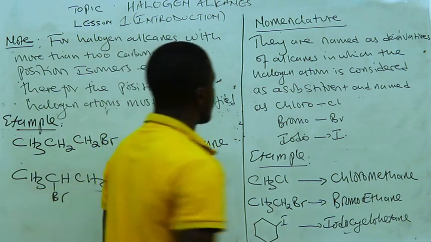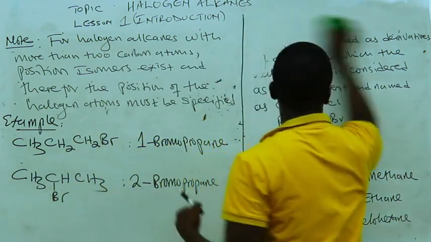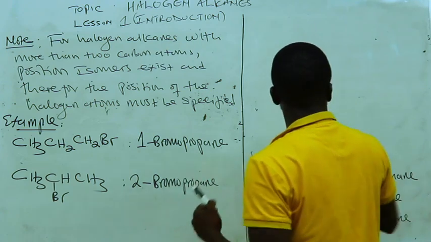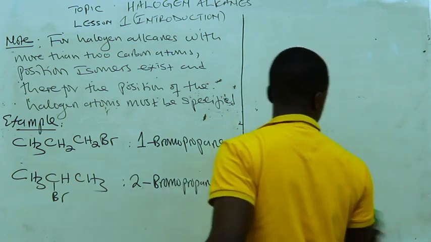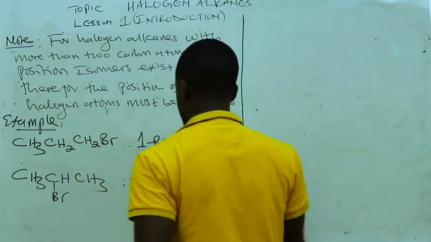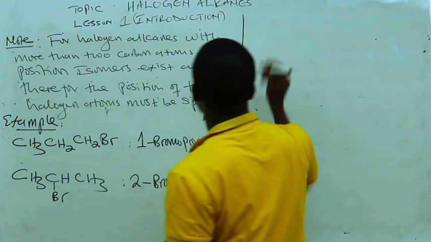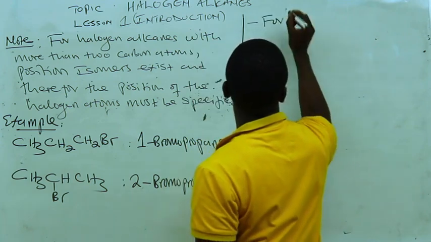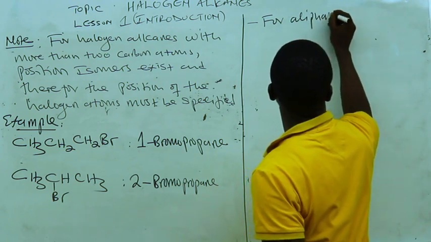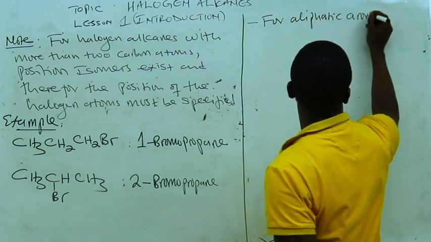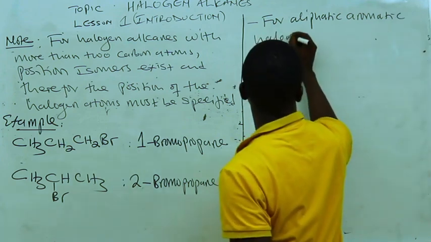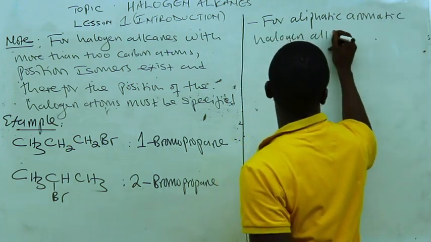But also, we would have those halogen alkanes with the benzene ring, what we call aliphatic aromatic halogen alkanes.